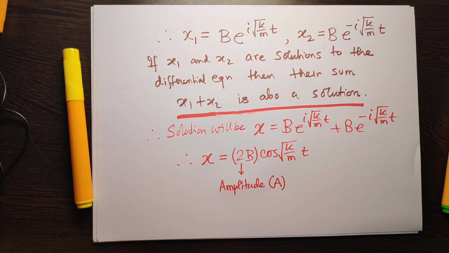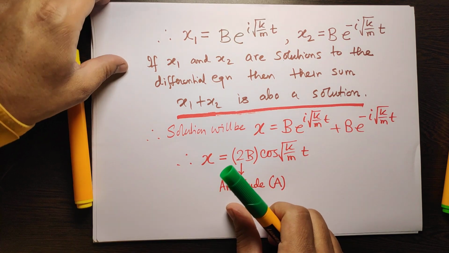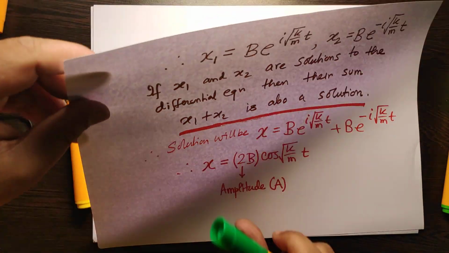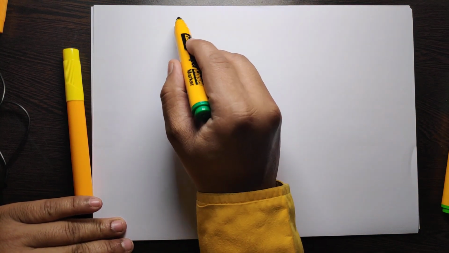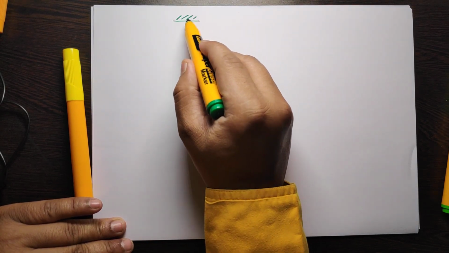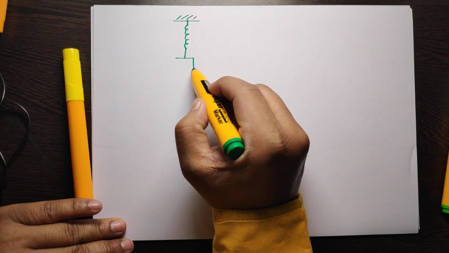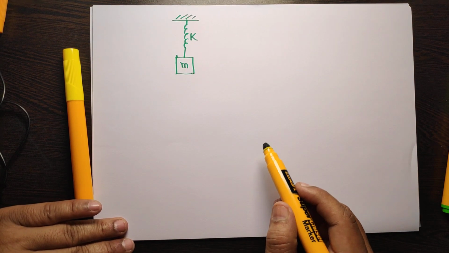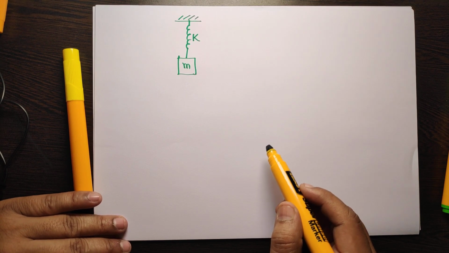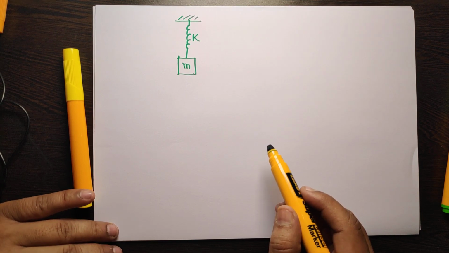Now we will assume a similar trial solution for solving the damped oscillation problem. Let us see what a damped oscillation is. Usually, suppose you have a spring mass system oscillating, say consider this vertical oscillation of the spring mass system. Will the oscillation carry on for a long time? As we practically see, no, it will not. Why?